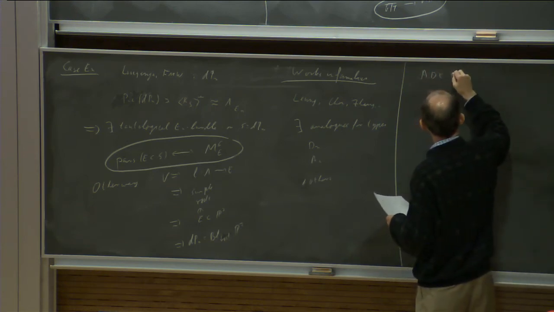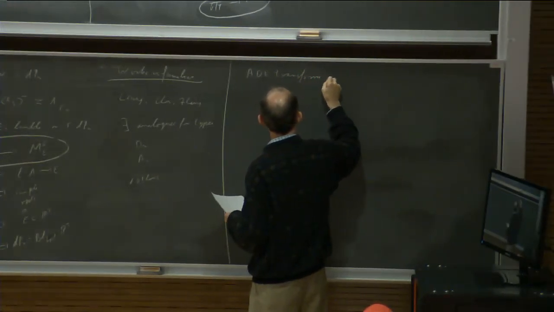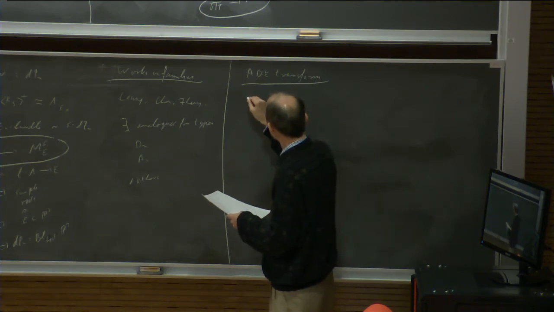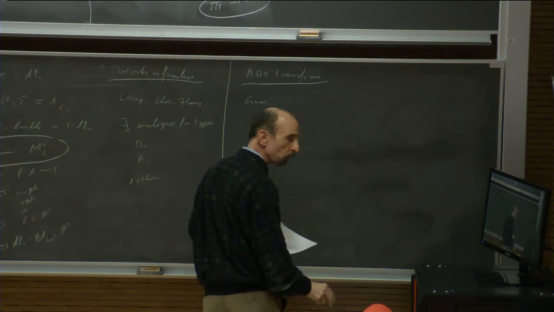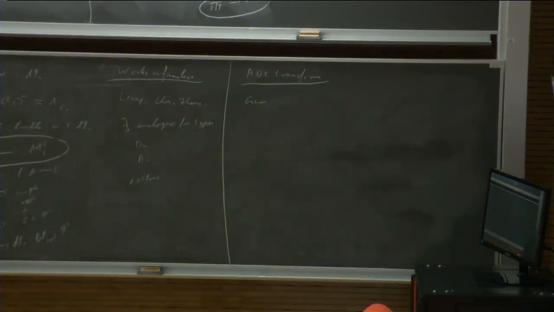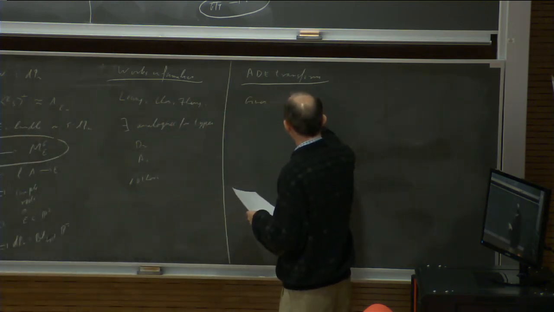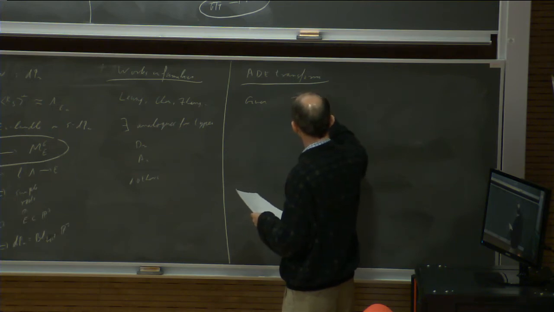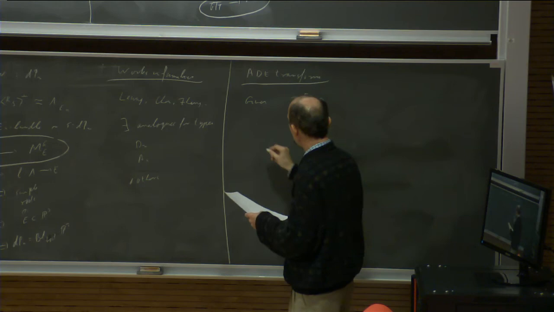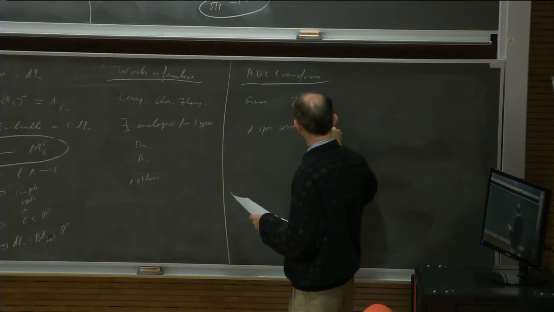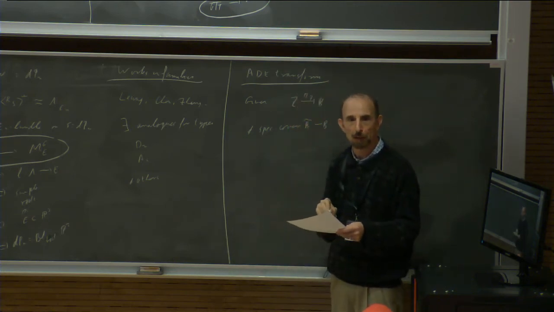So the ADE transform is the following idea. Given an elliptic fibration, let's call it pi Z, and a spectral cover B tilde of B, so I'll specify the cover, but I'm not going to specify the sheaf on it.